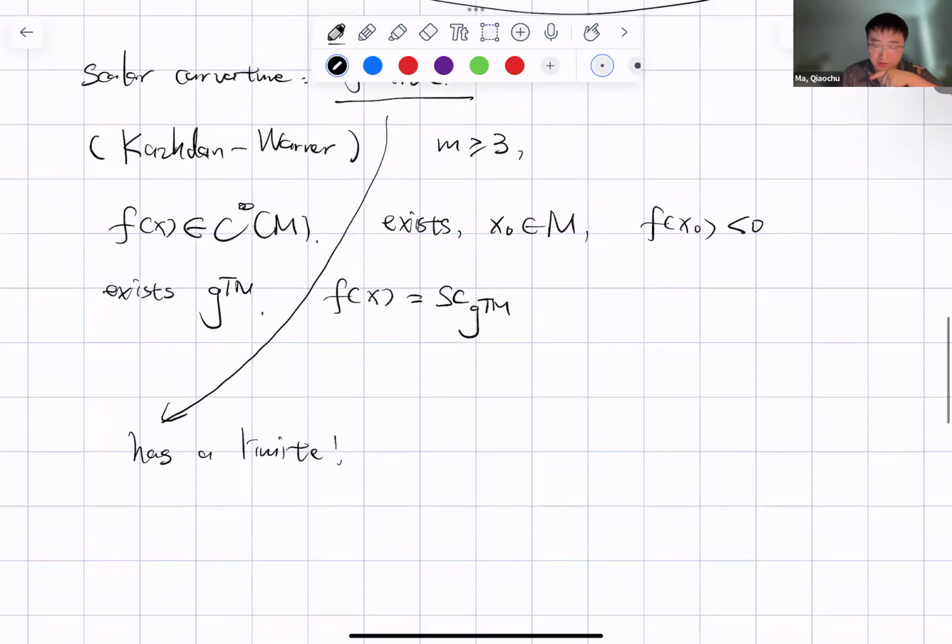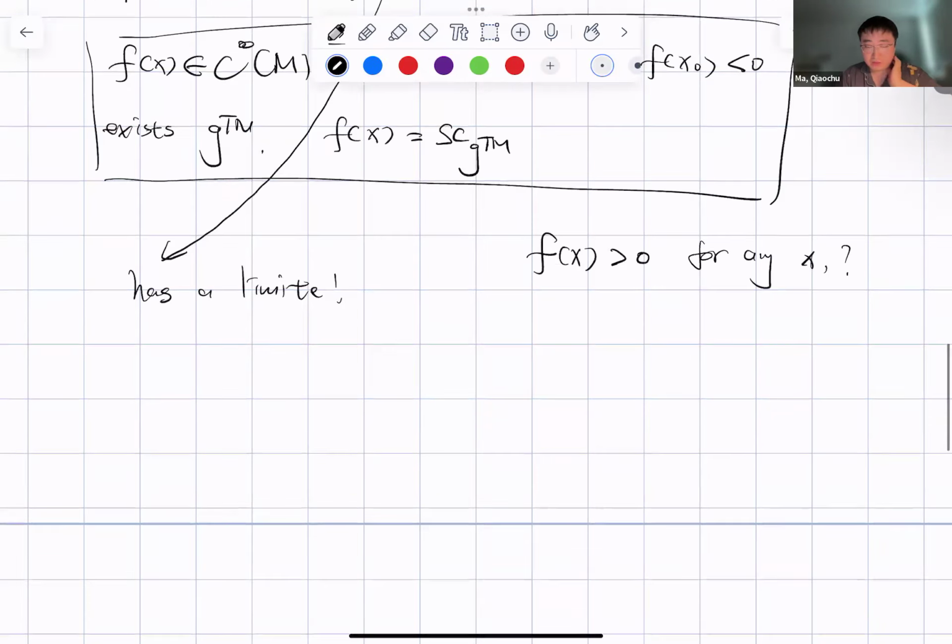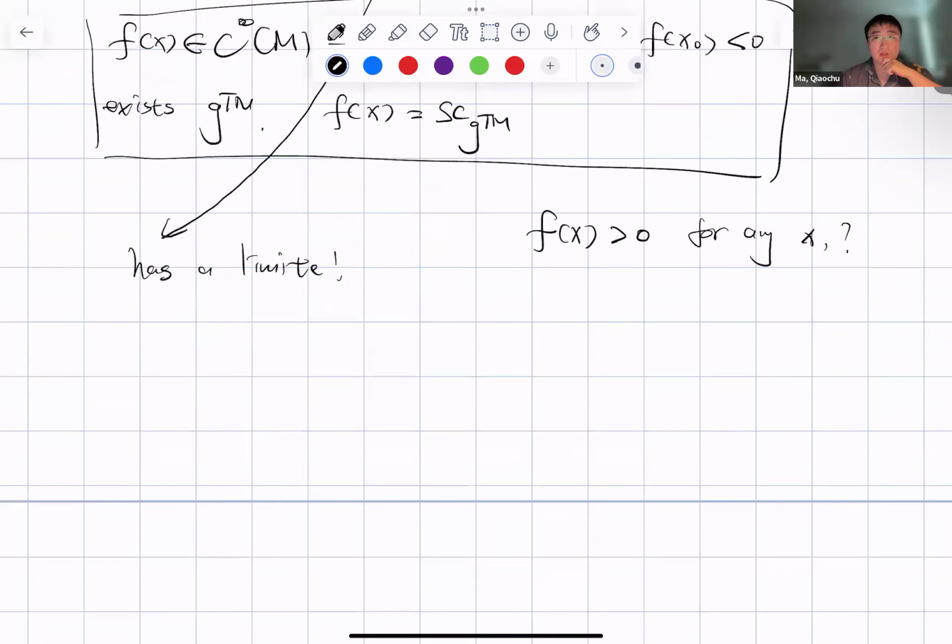It seems there is no constraint at all, but actually this flexibility has a limit. This theorem does not cover the case where f(x) is strictly greater than 0 for any x. What happens then? We do have some topological constraint.